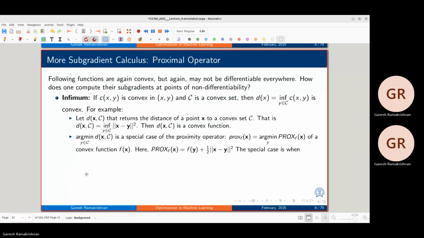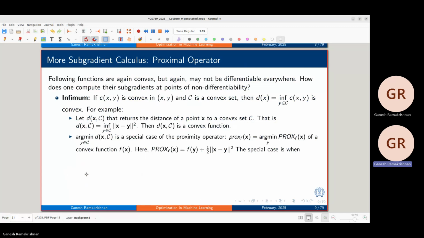But what's the motivation again? Please understand the motivation first without getting into the details. I want to break a complex problem into simple parts: one part which is differentiable, one part which is not differentiable but is convex. I will blindly take the gradient of the differentiable part, pretending as if the non-differentiable part did not exist. And then I'll do a proximal operator. This is the proximal projection.